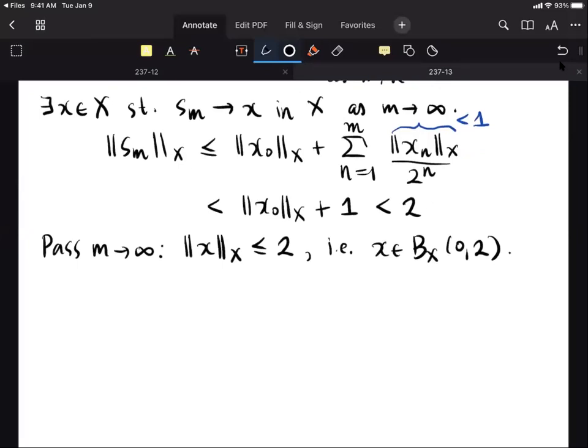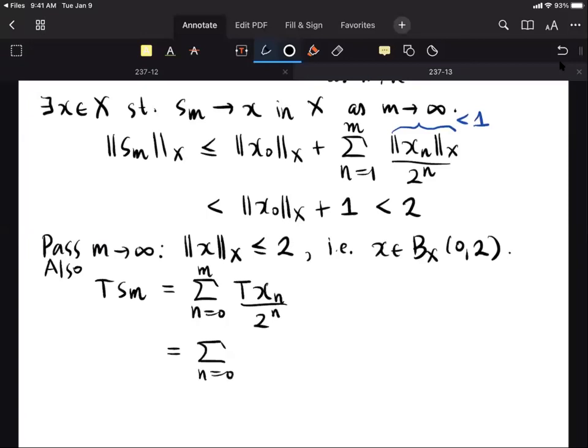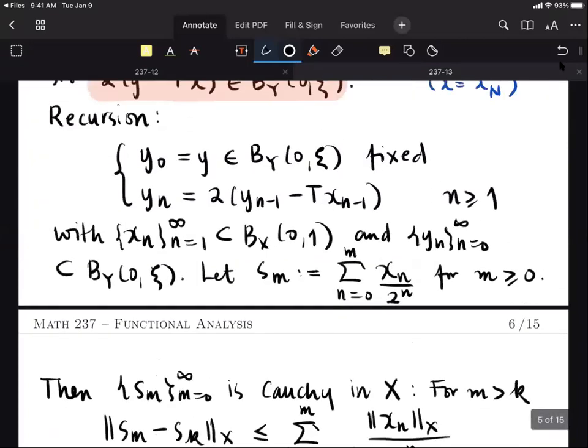On the other hand, if we take the image of this sum S sub m by the linearity of S sub m, divided by 2n, this is equal to... so we need to go back to the definition.